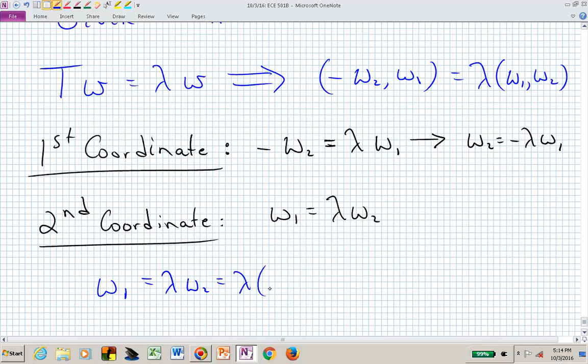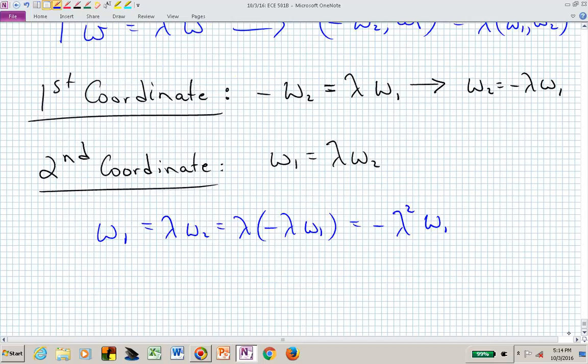That's now lambda times minus lambda W1, or minus lambda squared W1, and we want this to hold for non-trivial W1s. Obviously, we could make this equation true if we just set W1 equal to 0. That's not what we want, but now what do we have?